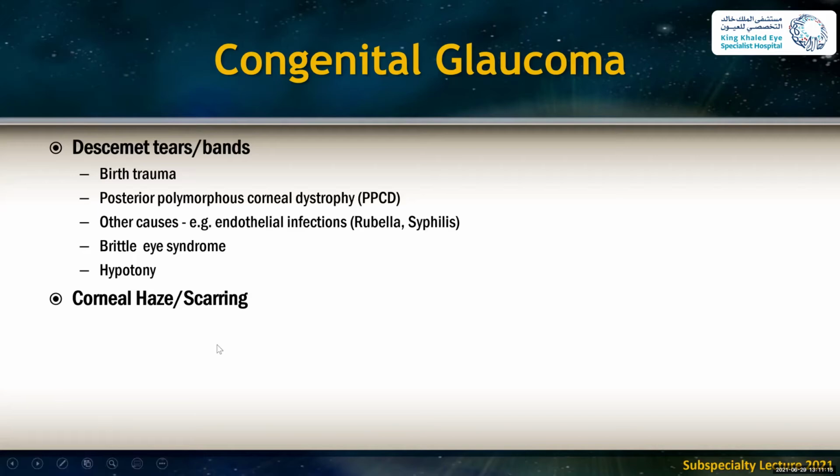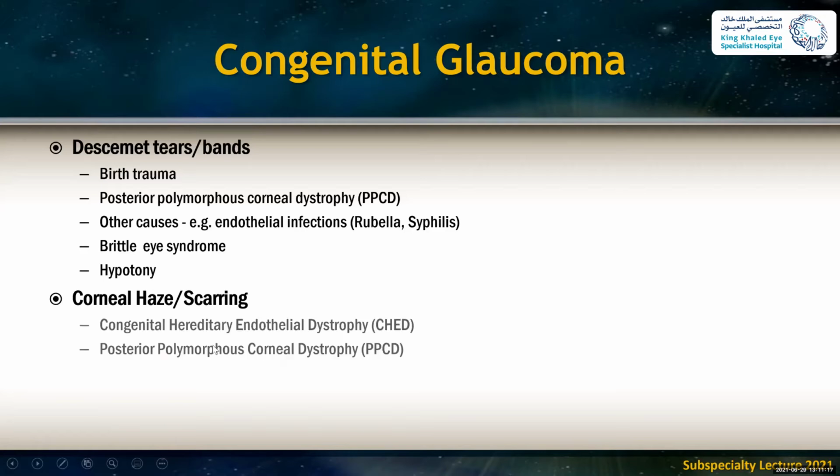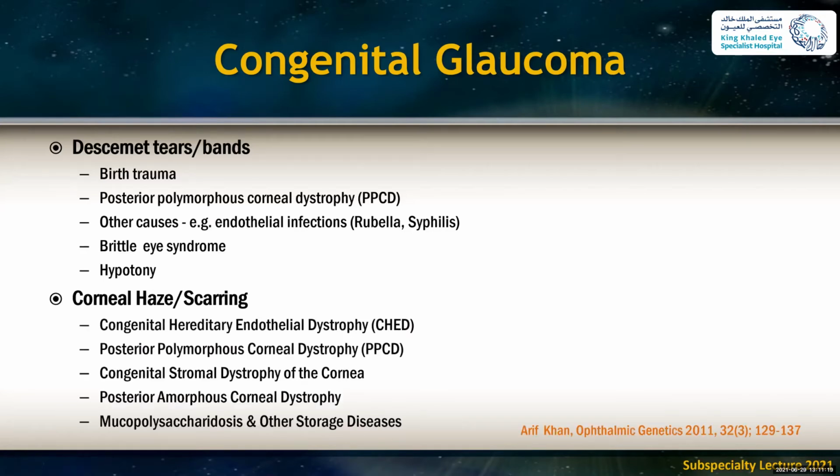Corneal haze or scarring. Here, the most common thing that I have seen in my life is that many cases of congenital hereditary endothelial dystrophy have been operated on as congenital glaucoma. Although when you look at the literature, you'll find some reports, although weak, of an association between CHED and congenital glaucoma.